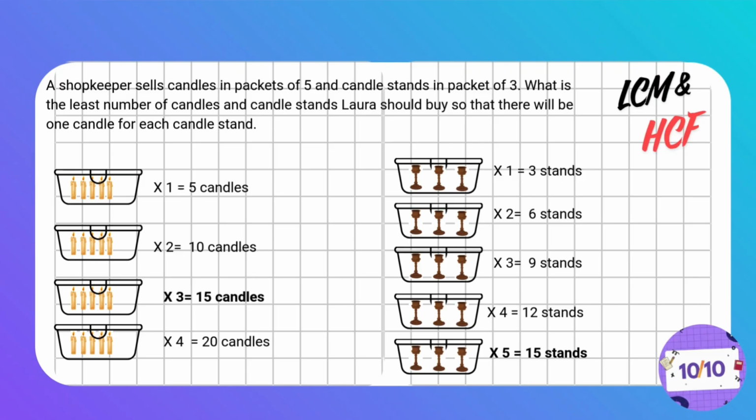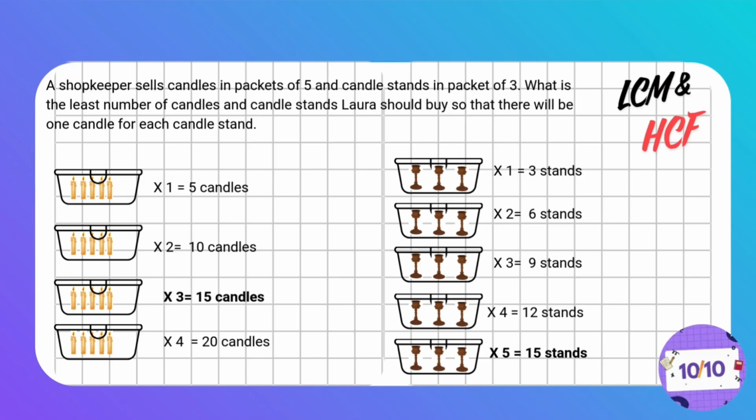And also if we buy 10 packets of stands, we get 30 candle stands. So that is also equal. But that is not the lowest common multiple. That is just a common multiple. So we find the lowest common multiple so that we don't have to buy 30 candles. The least amount is what is asked in the question, the least number of candles and stands Laura should buy, so that there is one candle for each stand.